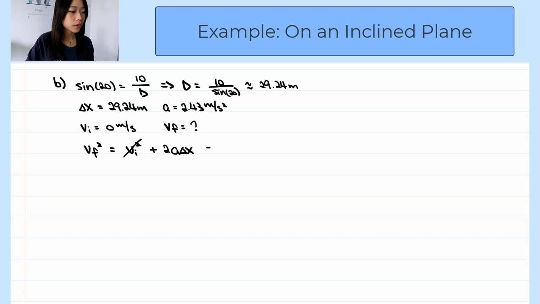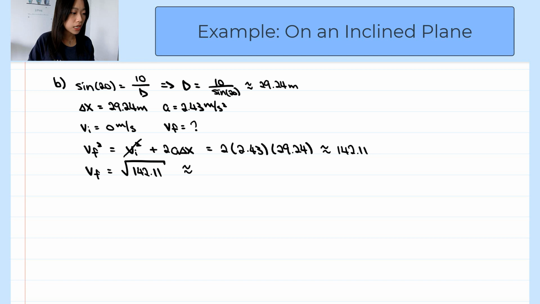So final speed squared equals 2 times the acceleration, 2.43, times delta x, which is 29.24, which equals 142.11. So the final speed is the square root of 142.11, which approximately equals 11.92 meters per second.